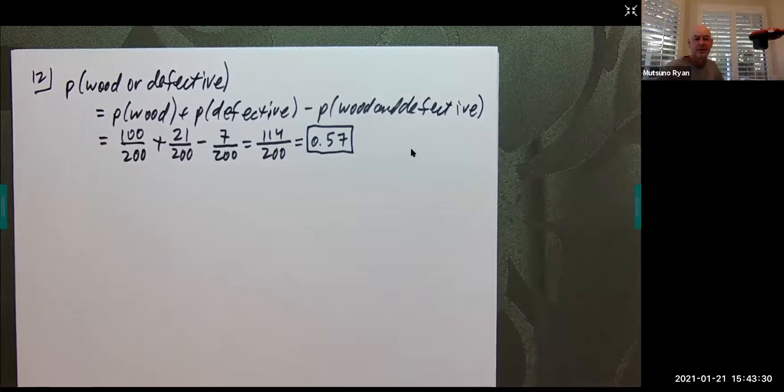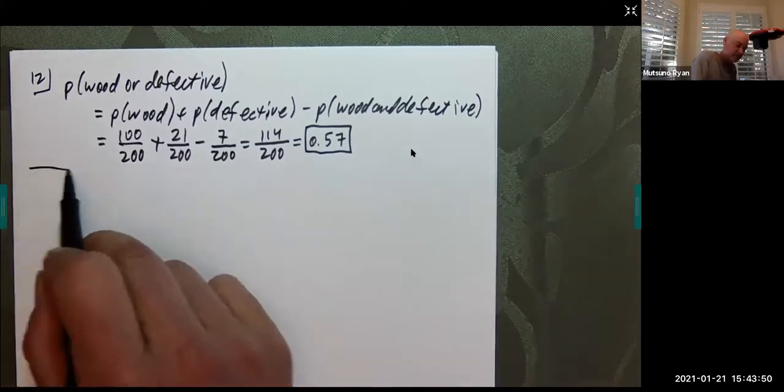So here we have described smoking habits of asthma sufferers. And it's broken up into non-smokers, occasional, regular, heavy smokers, and it's broken up into men and women. It says if one of the 1,111 people is randomly selected, find the probability that the person is a man or a heavy smoker.